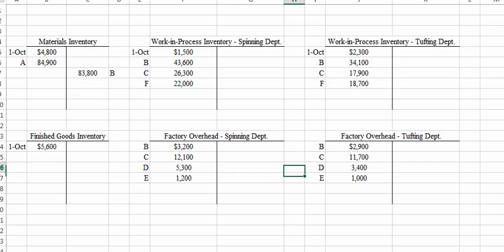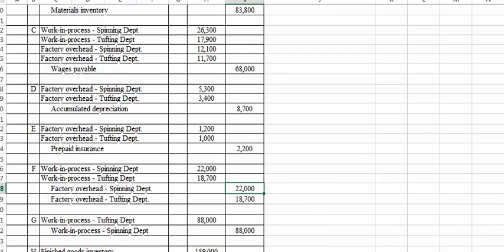Then on F we're going to have a credit to the factory overhead spinning department for $22,000. That's our estimate of overhead.